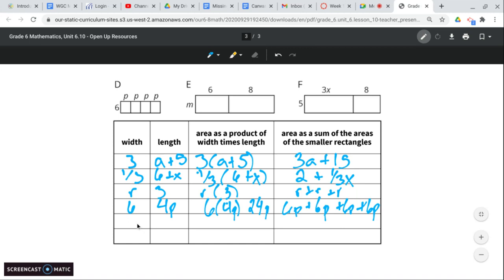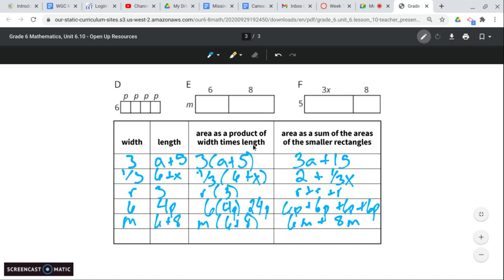All right, the width on E is m. Our side is 6 plus 8. So we'd have m times 6 plus 8. So this would be 6m plus 8m, just multiplying the m to both things in the parentheses.